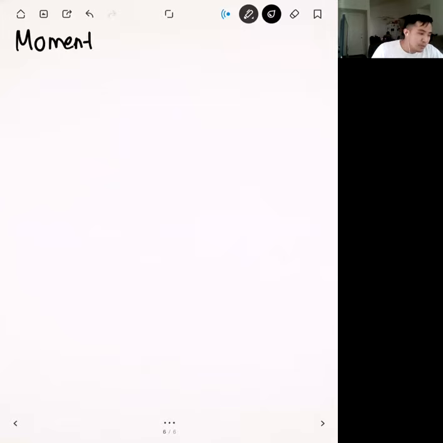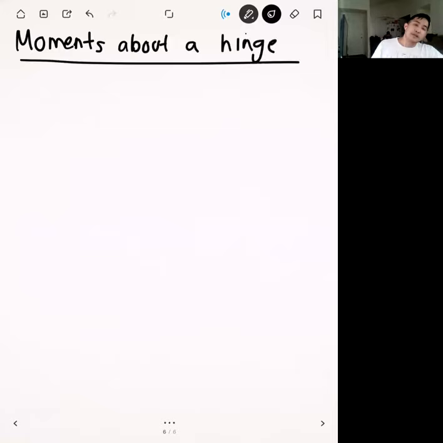You've used it up to this point, but it's worth reviewing quickly. A very common problem is that you have a gate that's going to be rotating about a hinge.